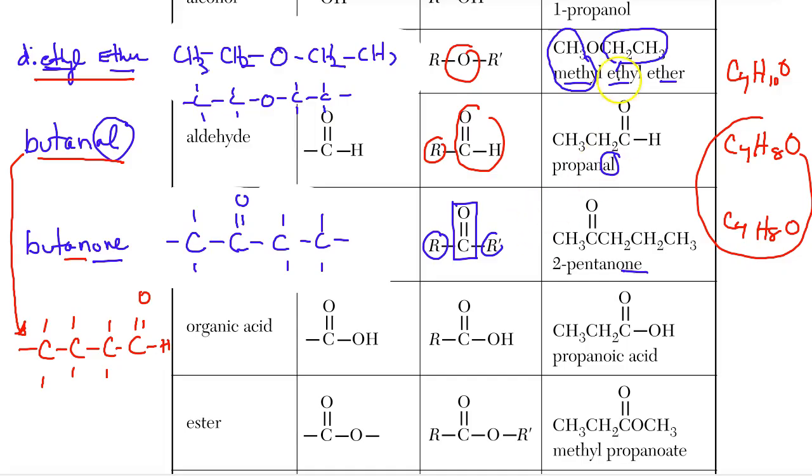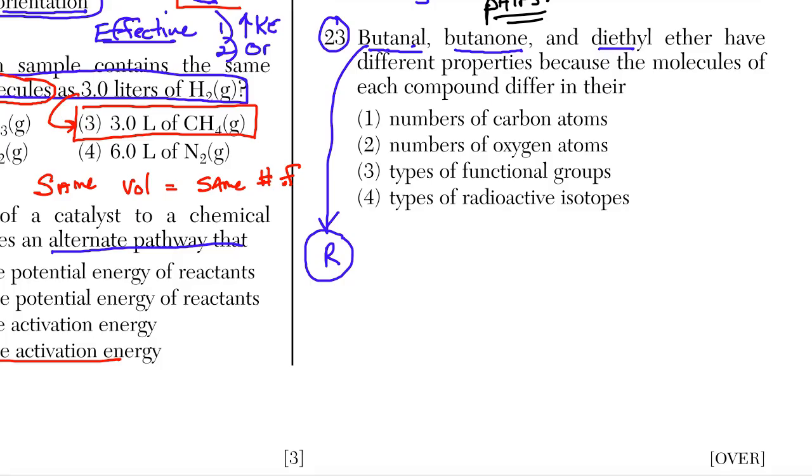So these have essentially different properties because of the different types of arrangement or structures their functional groups give them. So it's back to the question. So diethyl ether, propanol, and butanol have different properties because they have different structures, and they differ in the number of types of functional groups.